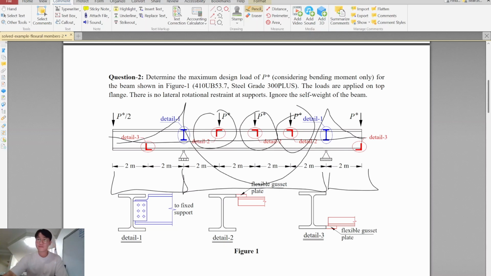So, if we're considering a diving board as an example of a cantilever, is the top side in tension or the bottom side? Tension? The bottom's in compression, but the critical flange is the tension side, right? Yes.